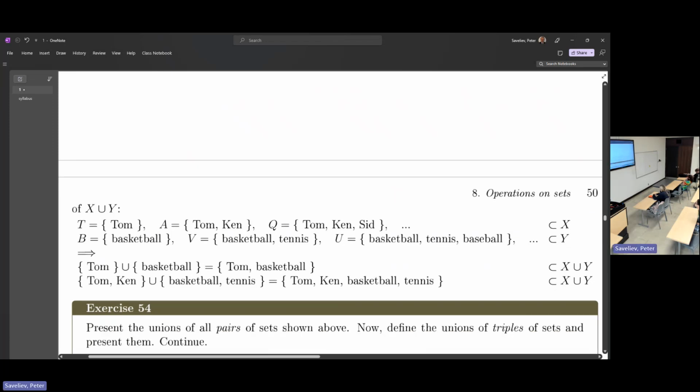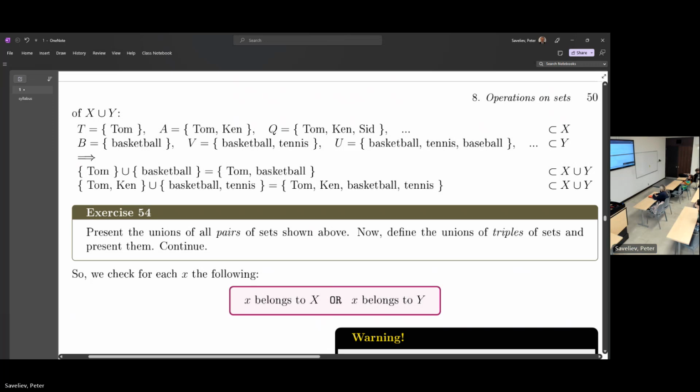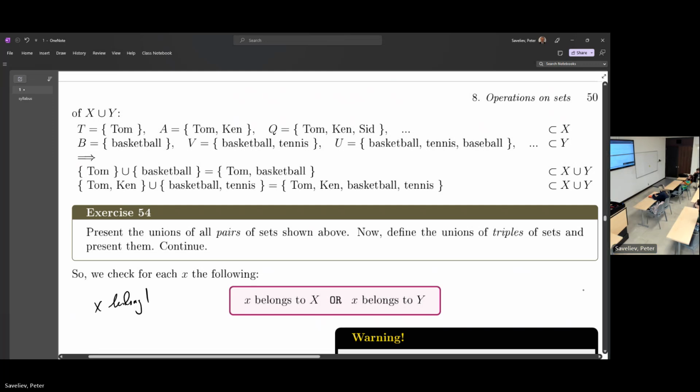So all kinds of unions are computed here. Once again, if you want to connect sets with logic, that's what it is. For x to belong to X union Y, what does it mean?